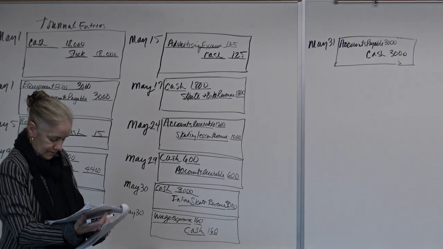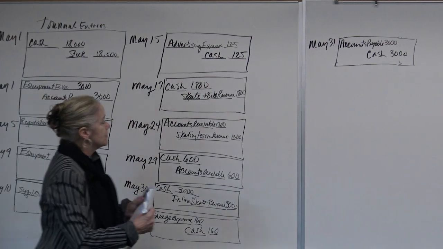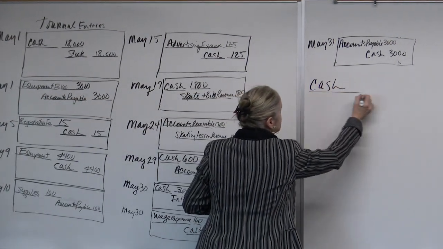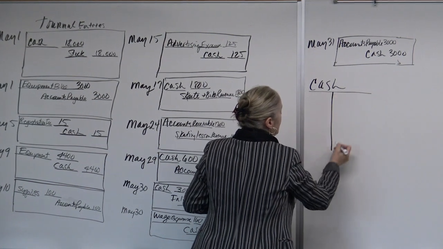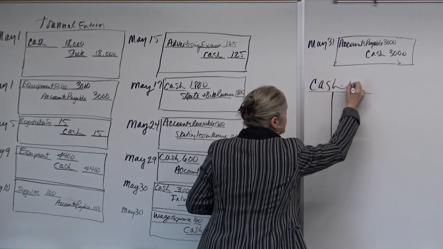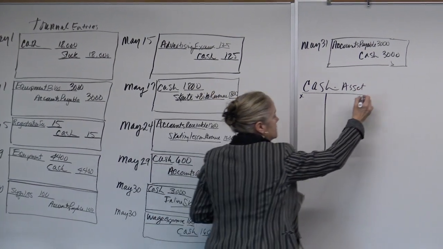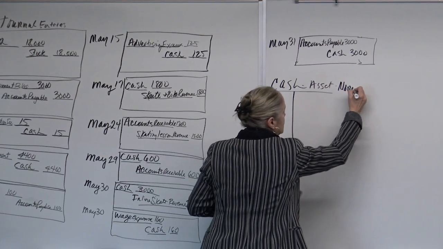T accounts, okay? So let's go to the individual T accounts such as cash. So what I would do here is I would create a T account, and this is considered an asset. And as you know, an asset is going to be a normal balance on the debit side.